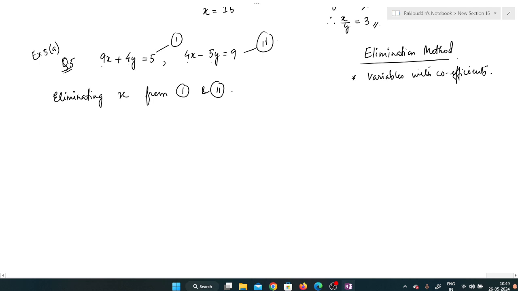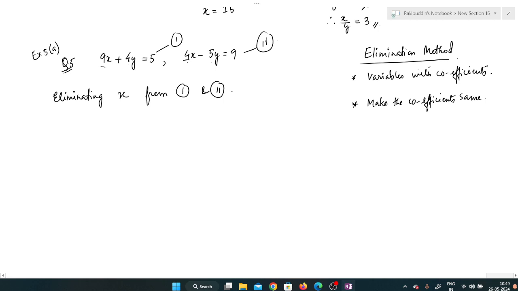The first necessary thing I need to do is make the coefficients the same. Now how can I make the coefficients the same? Here we have 9 and 4, right?